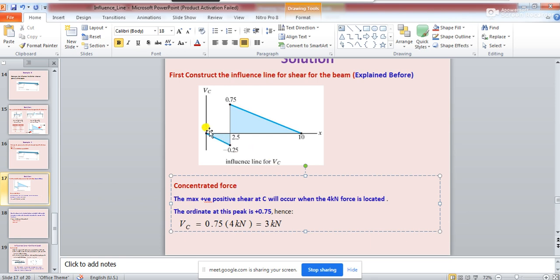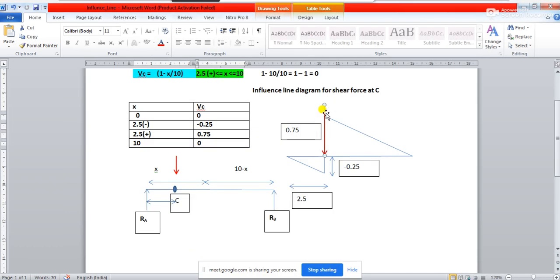That means as this load enters from here and reaches x equal to 2.5, it will get the maximum positive ordinate value, which is 0.75.